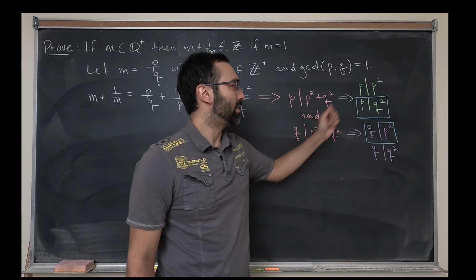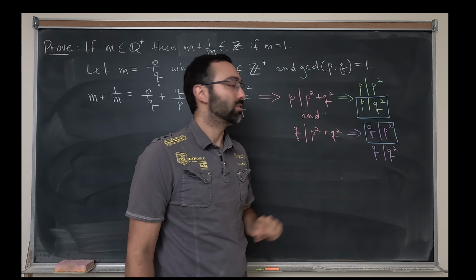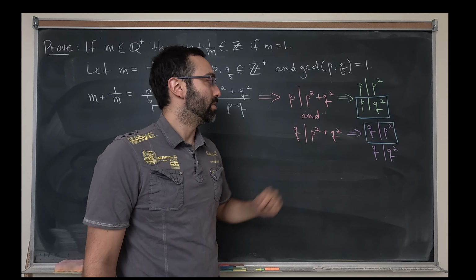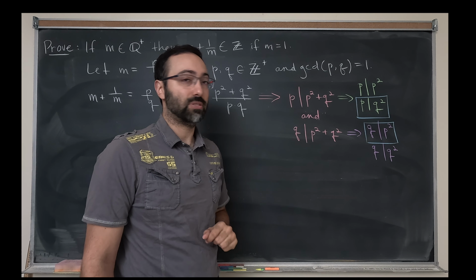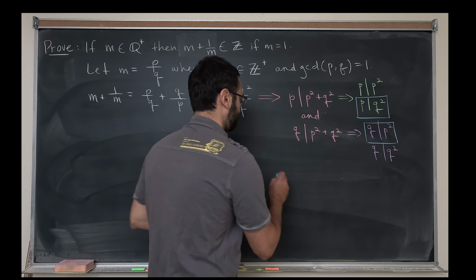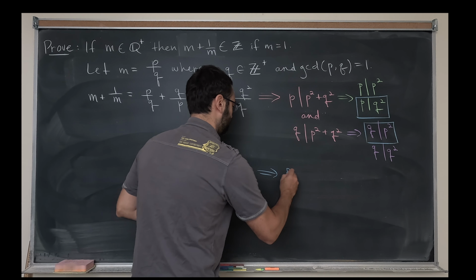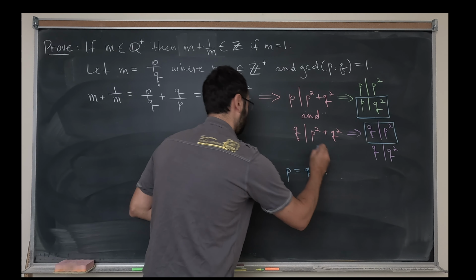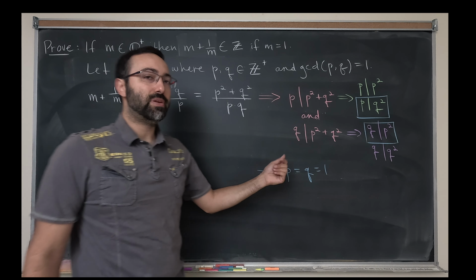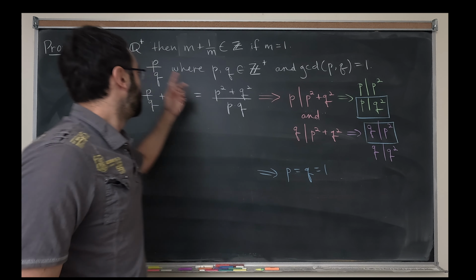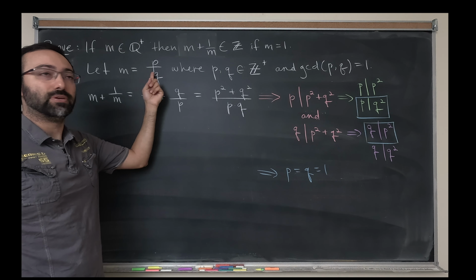So for p to divide q squared, or for q to divide p squared, that means both p and q must each be 1. But if p and q are each 1, remember, m is the fraction p over q.